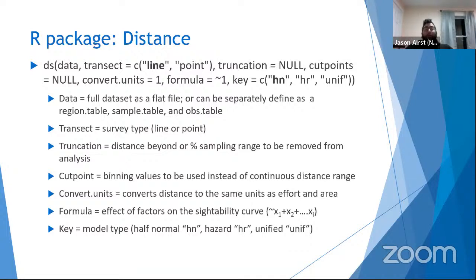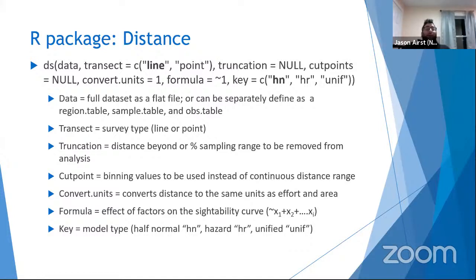Oftentimes this is done because when you're collecting data, the length of the line you're going on or the area of the region you're looking at are all in kilometers or miles, while the distance away from the line is often calculated in measures such as meters and feet. So you either have to correct this before you do the analysis or use this function to correct so that everything is in the same unit as everything else.